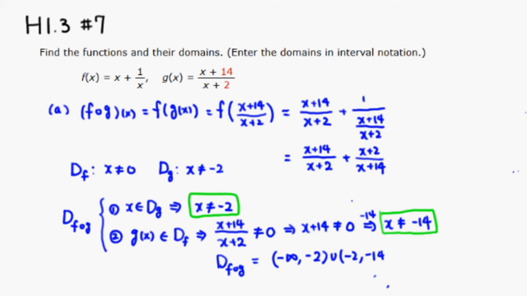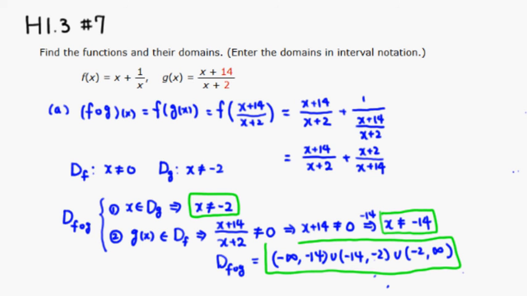Oh, sorry, I messed it up there. Negative 14 is actually smaller, so it shows up first. So skip negative 14 and skip negative 2, then go all the way to positive infinity. This is the domain of f of g.